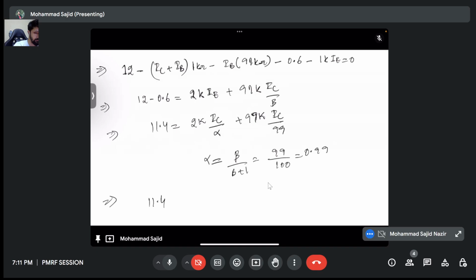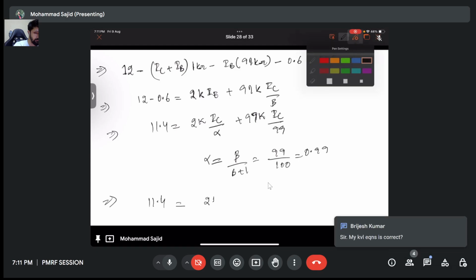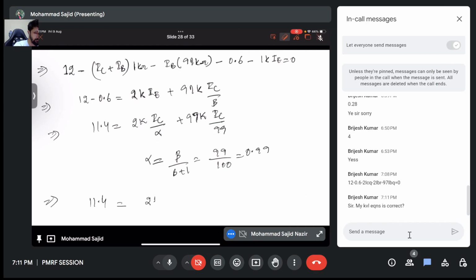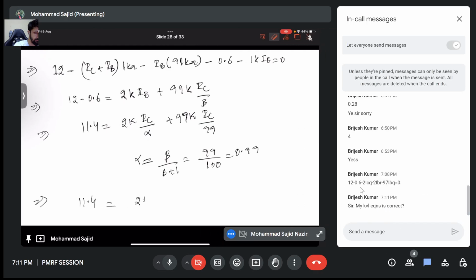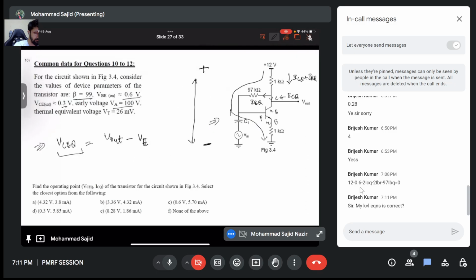11.4 is equivalent to, sorry, one second. Okay, let me just check. So what you have written is 12 minus 0.6, which is correct.